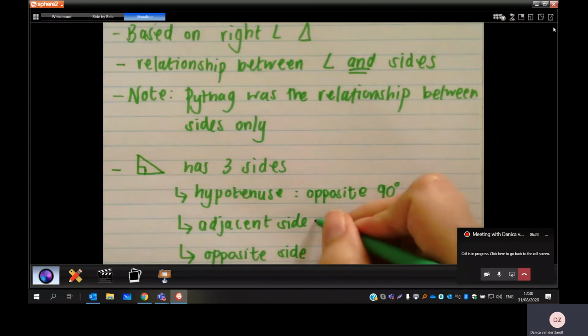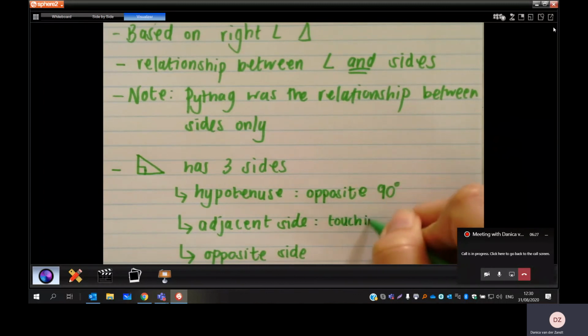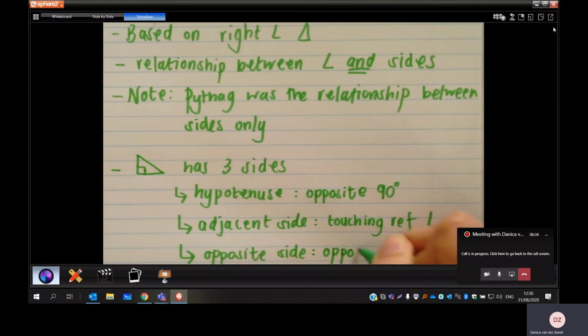The adjacent is the side touching my reference angle. And my opposite side is the one opposite my reference angle. And you will understand in a moment what I mean by reference angle.